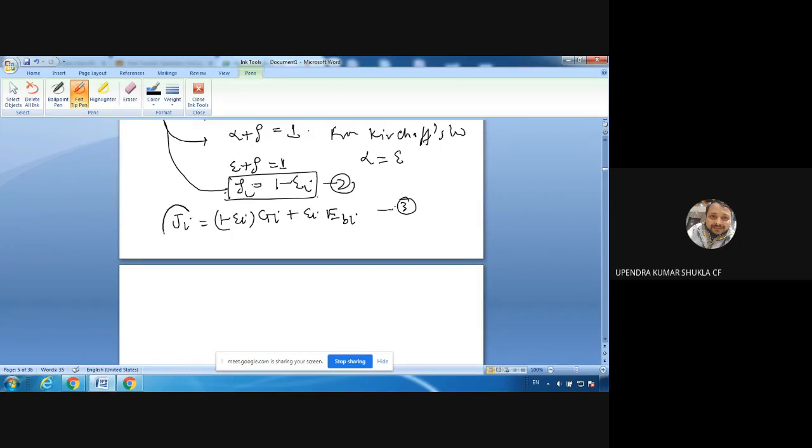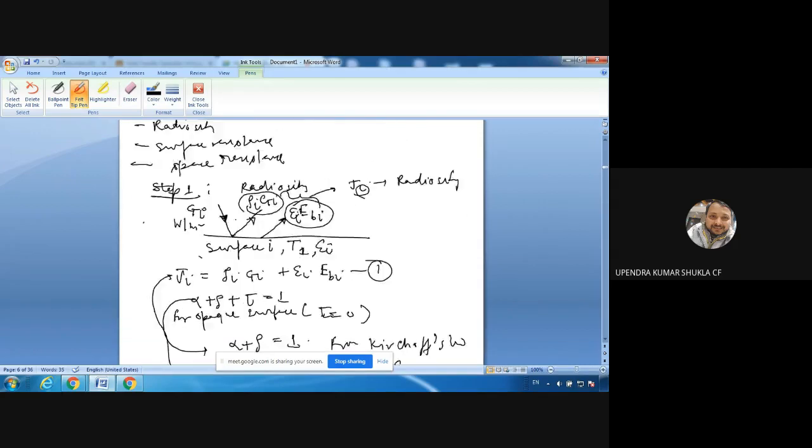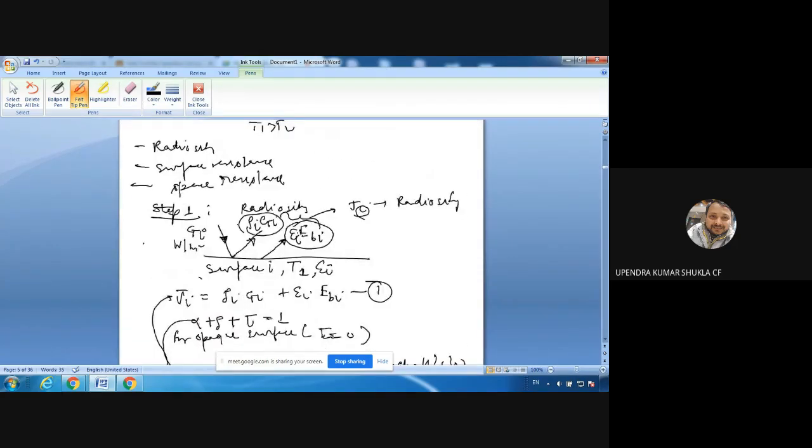So this is the one thing that I have introduced, the radiosity. Second, in step 2, we will introduce the concept of surface resistance. The surface that I have taken here horizontal, just rotate it 90 degrees, and I will take the same surface I perpendicular for a better view.